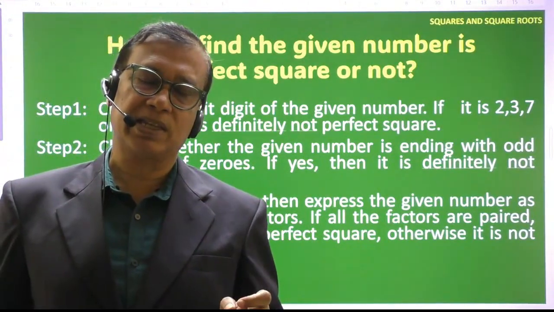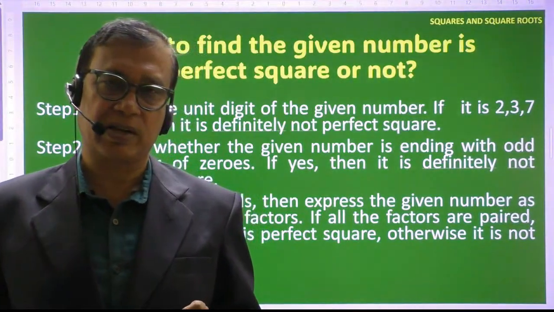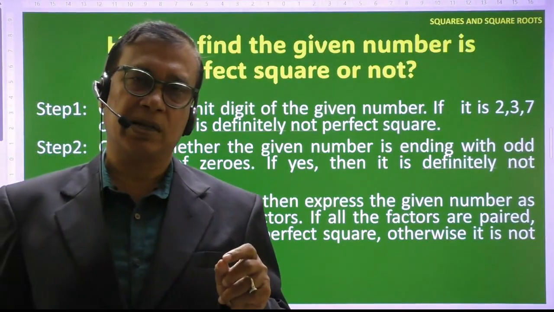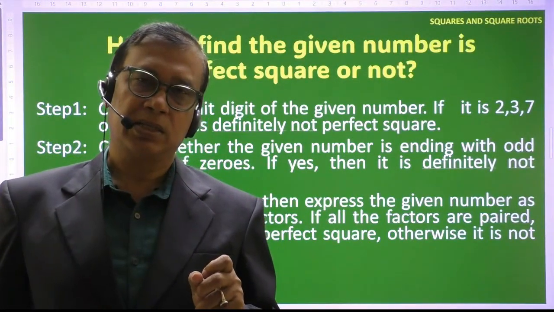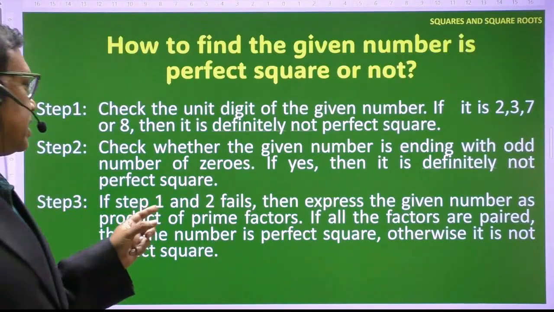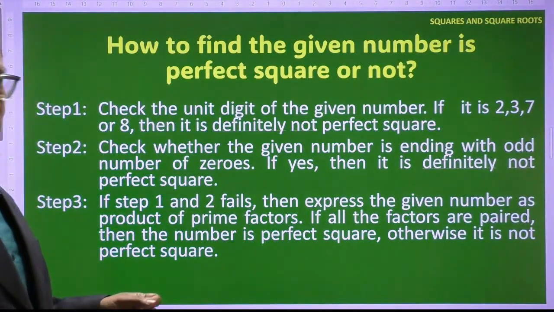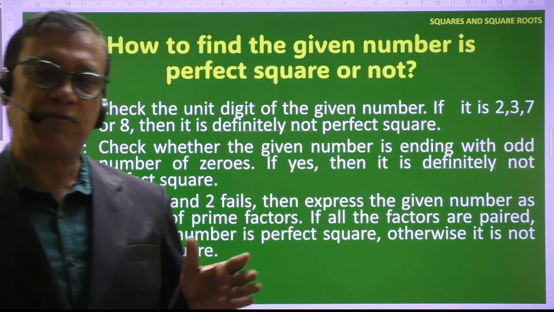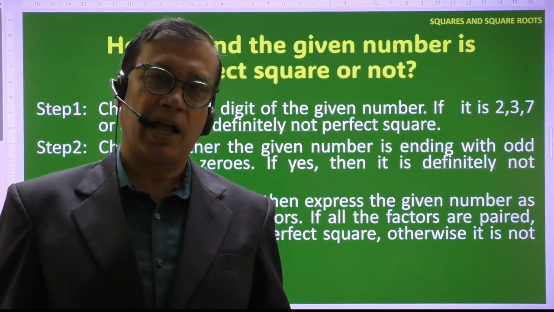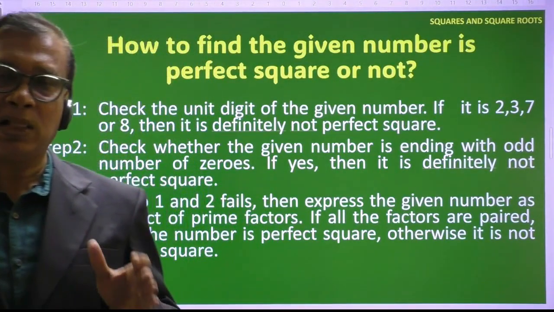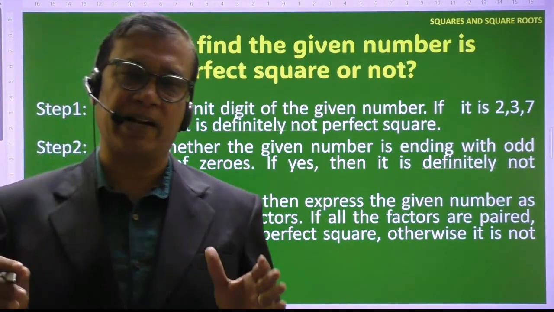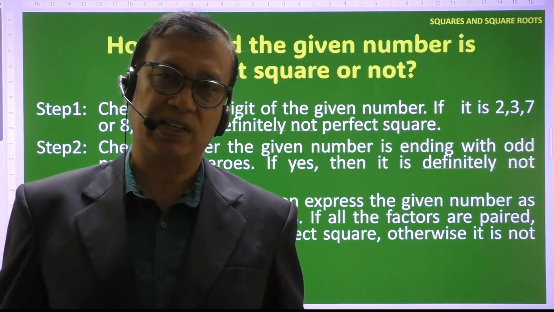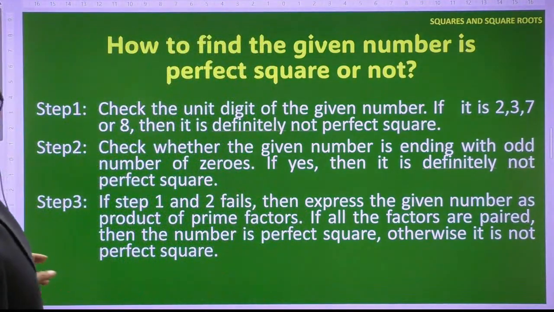Definitely we can say this number is not a perfect square. But if these two cases do not occur, then we will proceed to step 3. That means we will express the given number as a product of prime factors, and if we see all the prime factors are paired, then we can say the number is a perfect square. This part is clear?